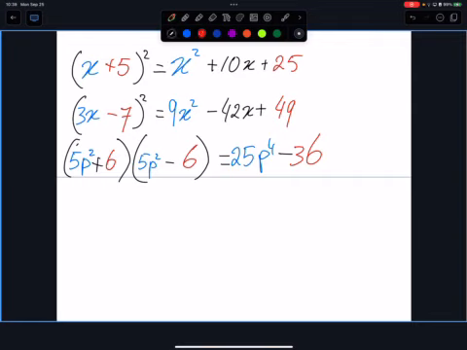All right. That was the easy one. Since you can simplify or remove brackets, you can also place back into the brackets. So I can give you 9x squared minus 42x plus 49, and you have to say, well, that is 3x minus 7 squared.